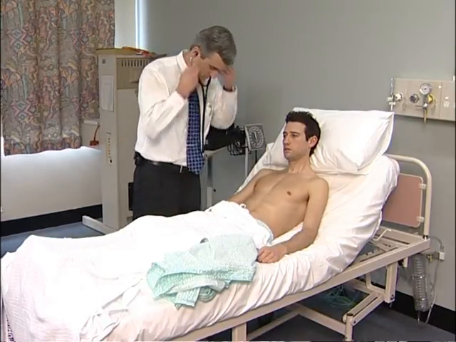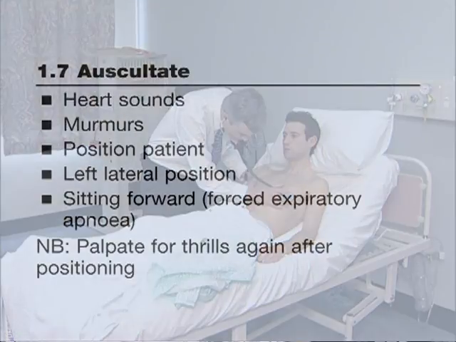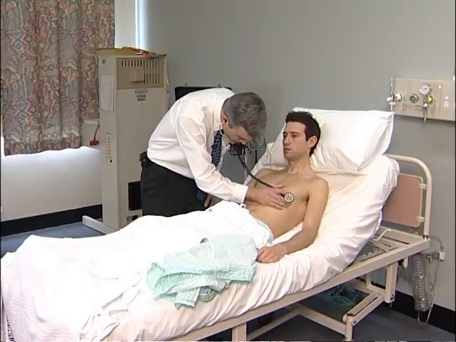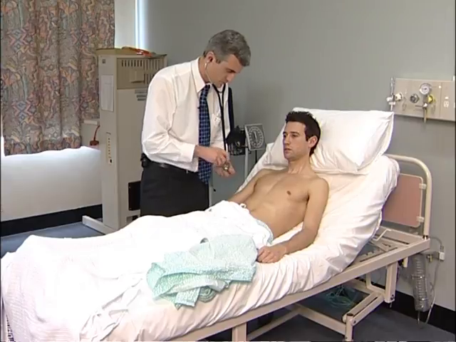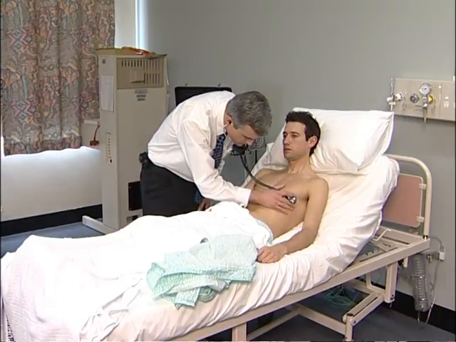Auscultation is usually begun at the apex, with the bell of the stethoscope, and then with the diaphragm. The lower left sternal edge and the base of the heart are listened to in turn.